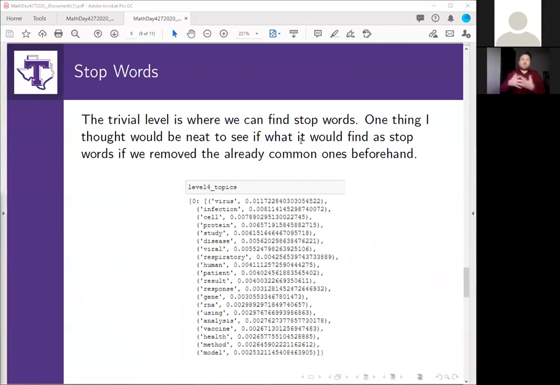So words that are too common across everything that we should just get rid of them because they provide no information. And so I thought it would be interesting to see if we took out all the stop words and then ran it, what we would come up with. And what this comes up with is actually all of the highest frequency words in TF-IDF, which makes sense and is a pretty interesting thing to see.